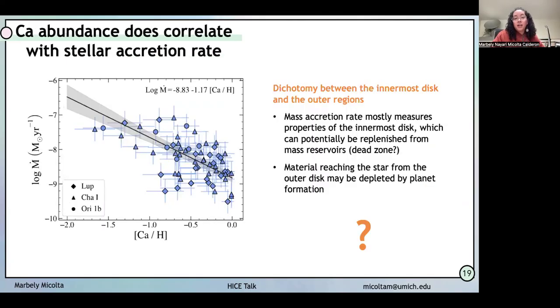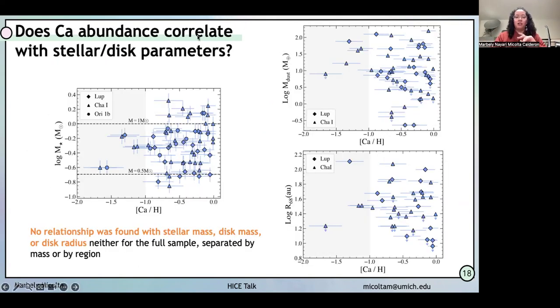But we did find a correlation with the accretion rate, which is an incredibly puzzling result that we still cannot explain to this day, because accretion rate correlates with mass of the star, but we don't find a correlation with mass at all.